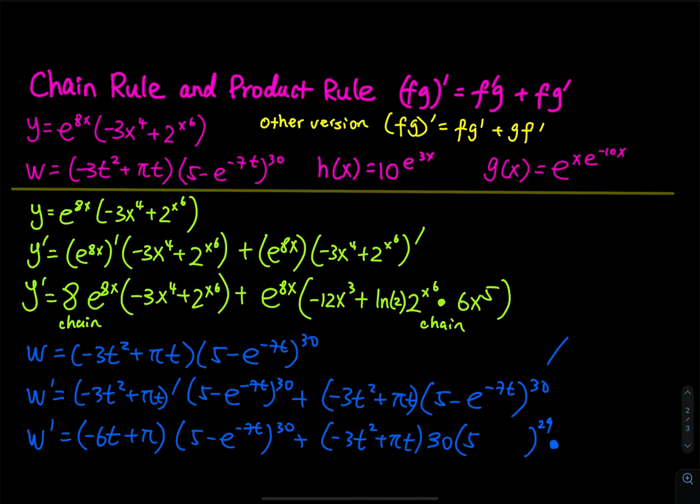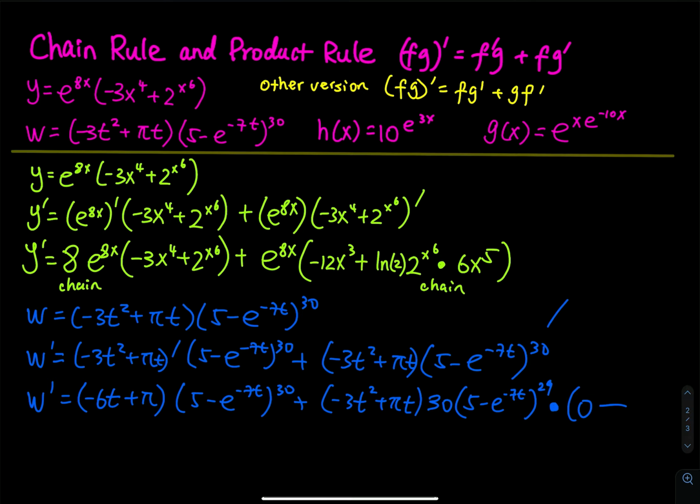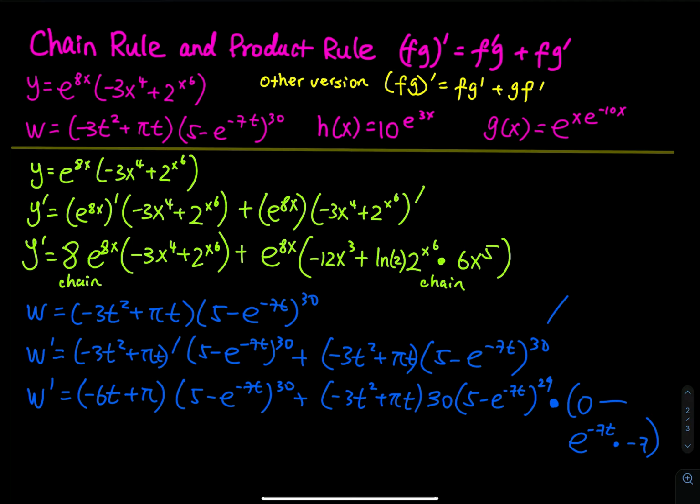So this is 5 minus e to the negative 7t. The derivative of that is 0, right? And then 0 minus what? The derivative of e to the anything is e to the anything. So that is e to the negative 7t, and then multiply the derivative of negative 7t, which is negative 7. And then we close the parenthesis. And then this one, I just put a big chain rule in there. So one big dot and then another big dot. Every time there is a big dot, I know I applied the chain rule.